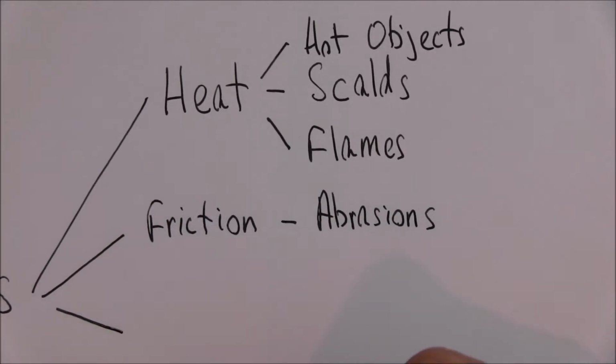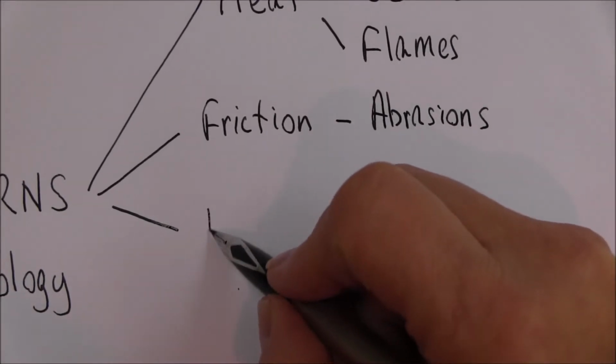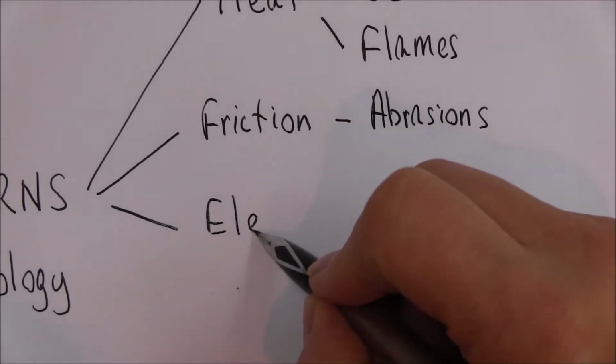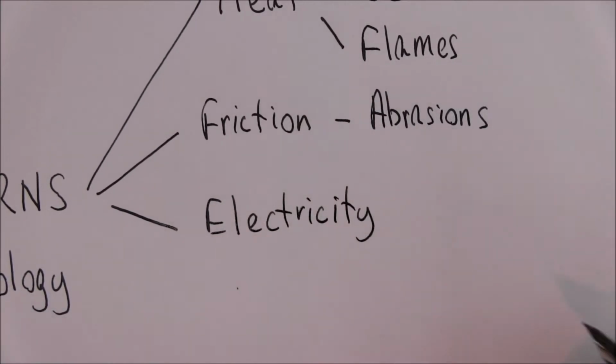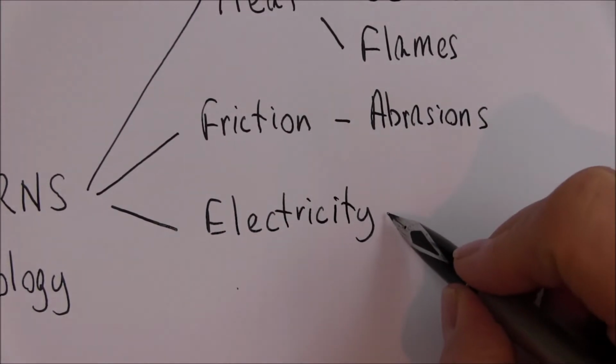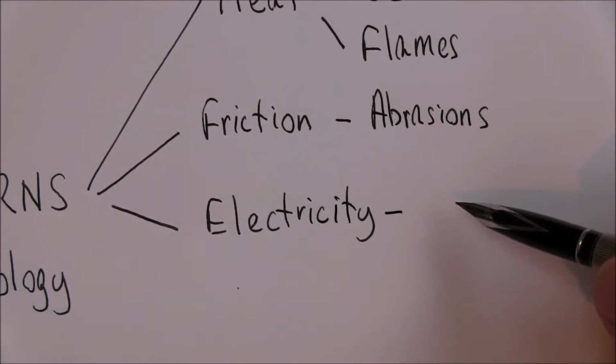Another one you'll probably have heard of is electricity. Electricity as a cause of burns. Now in old-fashioned light bulbs the current went through the coil and the coil would glow white hot.